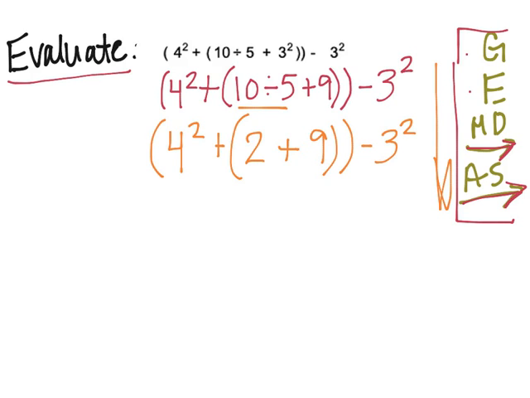I have one operation left within that innermost parentheses, which is addition. So I need to add 9 plus 2, which is 11, and I'm going to rewrite my whole expression. I have parentheses 4 squared plus, and then I ask myself, do I need these parentheses because I am left with just one number?